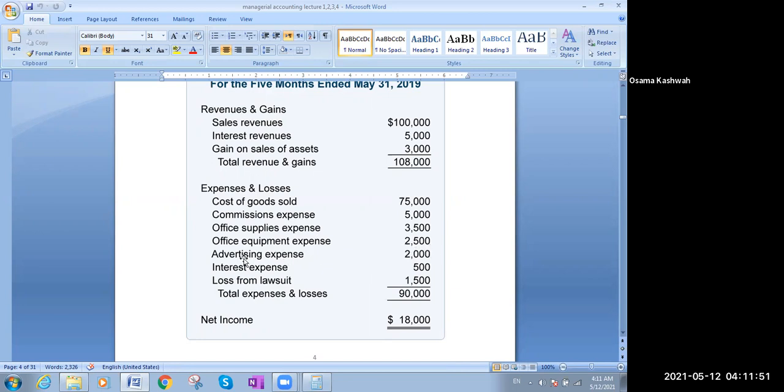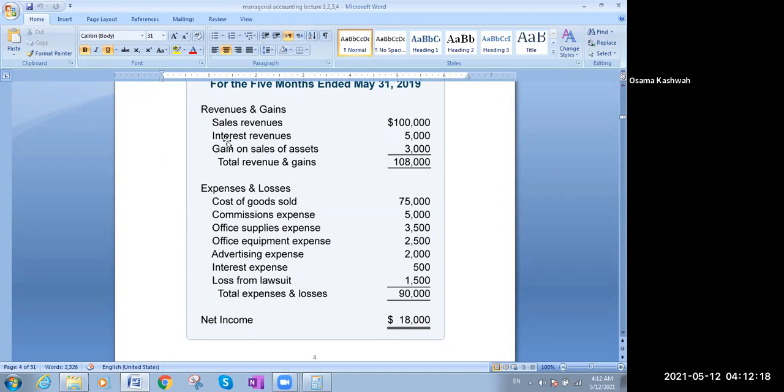Advertising expenses, because you must pay for advertisement so that your product will run and you will promote your product through advertising. You paid 2,000. Interest expenses: now you took, as an example, a loan and you have to pay the loan plus the interest. So the interest expenses which you paid here is 500.